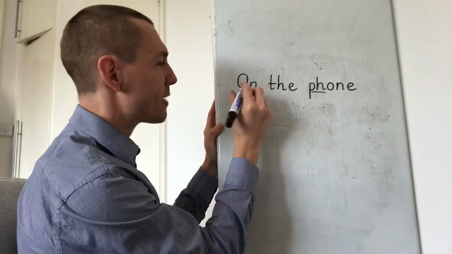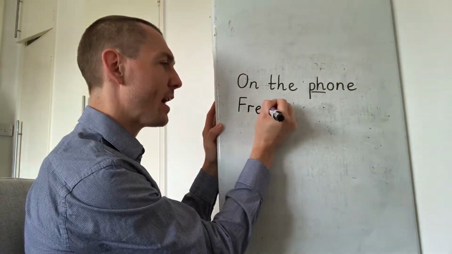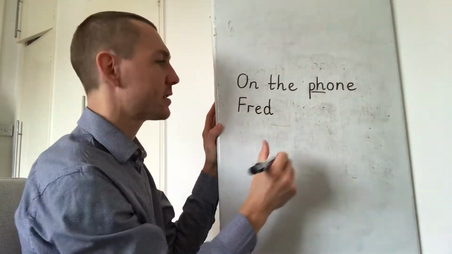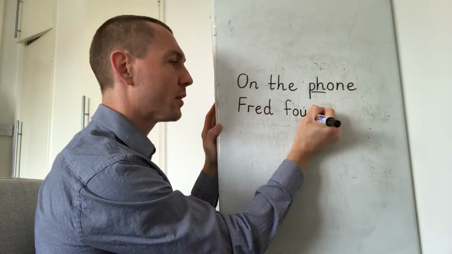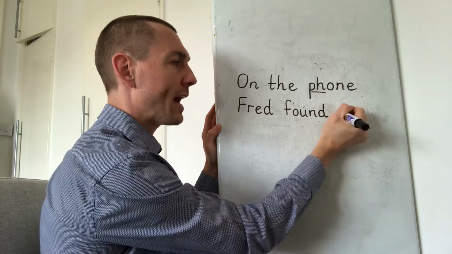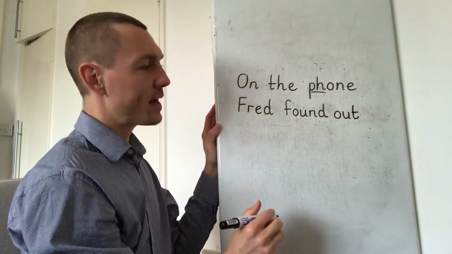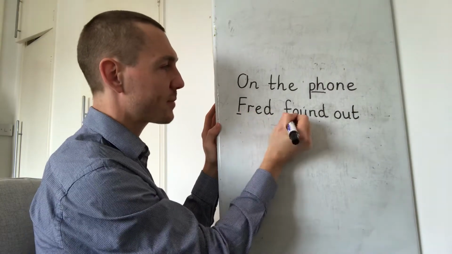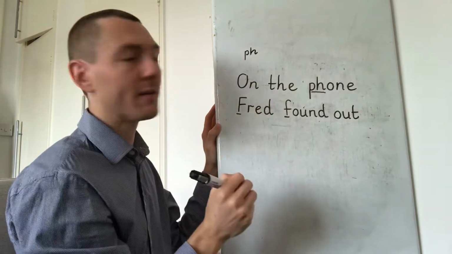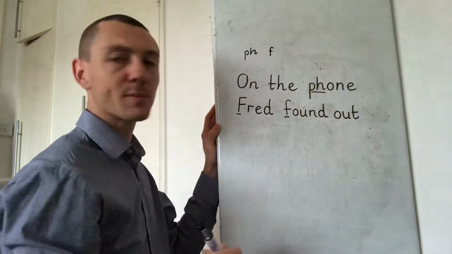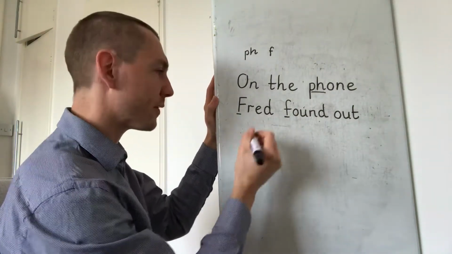So, Fred found out. Fred found, F spelling of f in both of those words. So we've got the PH spelling so far in phone, and we've got the F on its own spelling of f. On the phone, Fred found out that Cliff wanted codfish.